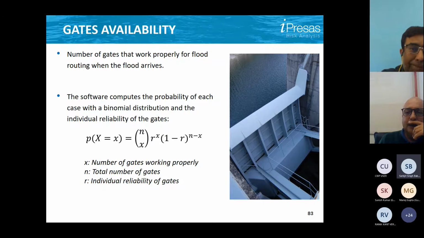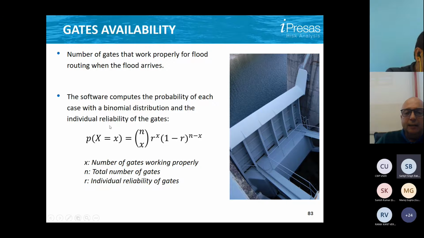And how it computes the probability when you have more than one gate: if you have, for instance, 2 gates, there is a probability of 0, 1, or 2 gates functioning. You know that the individual reliability is 75%.